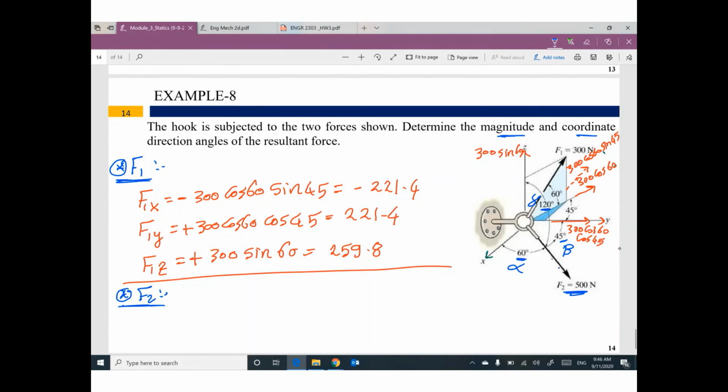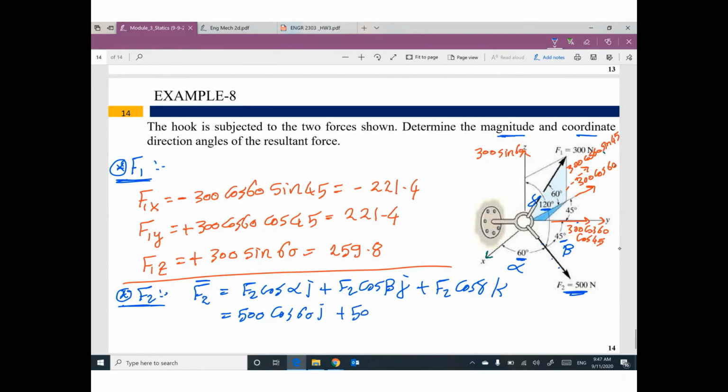and the z-axis. So F2 as a vector equals F2 cosine alpha I, F2 cosine beta J, F2 cosine gamma K. How much is F2? 500 cosine 60, 500 cosine 45, 500 cosine 120.